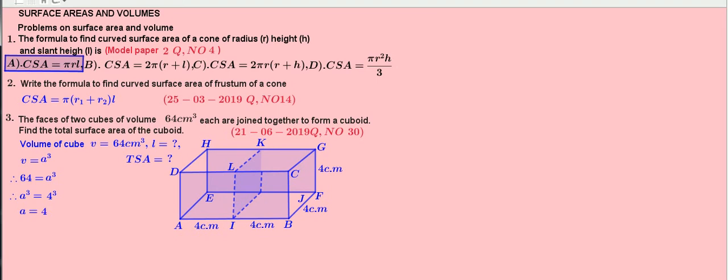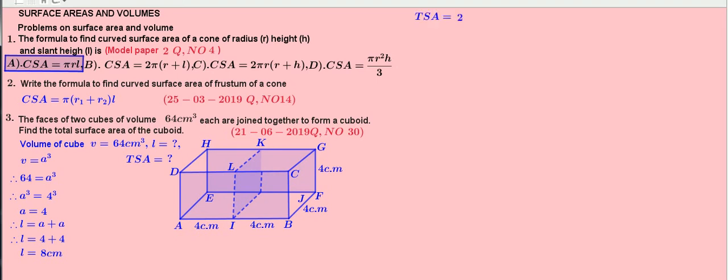Therefore, a is equal to 4 cm. Here l is given by AI plus BI, that is a plus a. Therefore, l is equal to 4 plus 4. Therefore, l is equal to 8 cm.